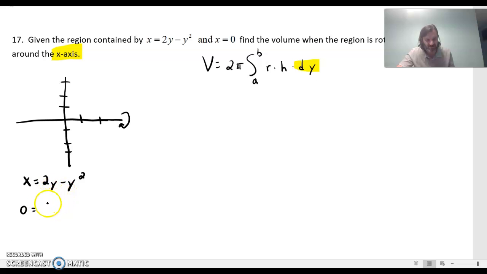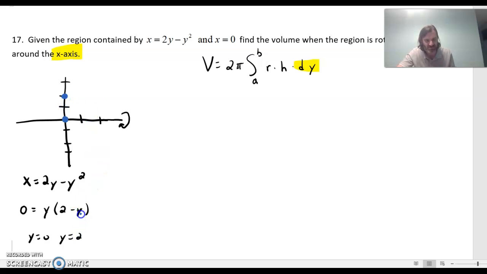And we'll factor this other thing. We'll pull out a y. So we'll have y times 2 minus y. So it looks like when x is 0, we have y equals 0 and y equals 2. So we have 2 points on the y-axis, that's where x is 0.